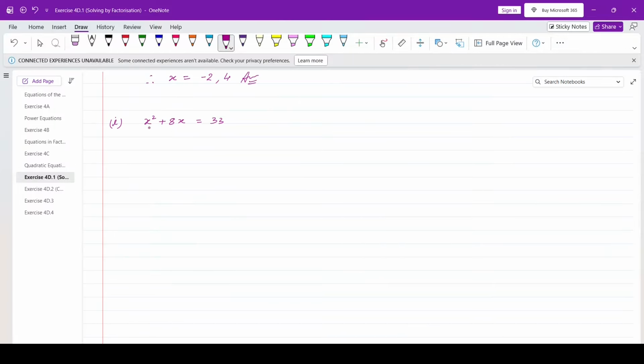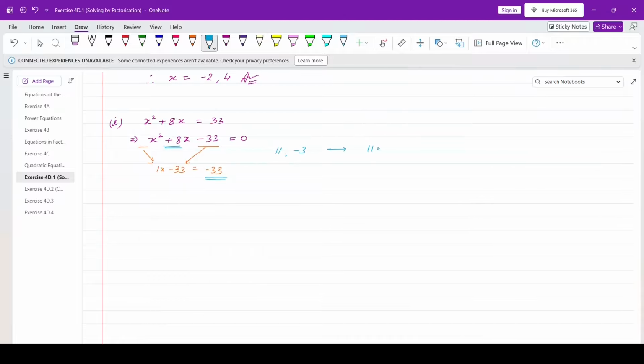I. x square plus 8x is equal to 33. So rearranging the equation, we get x square plus 8x minus 33 is equal to 0. 1 and negative 33. 1 times negative 33, we get negative 33. Two numbers such that the summation is equal to plus 8 and product is equal to negative 33 are 11 and negative 3.